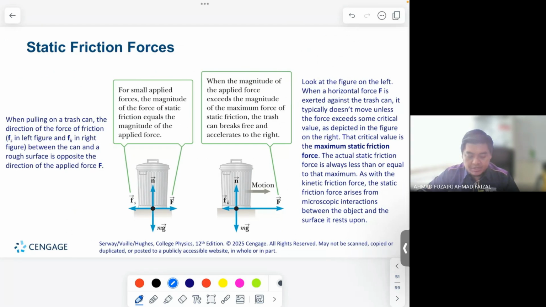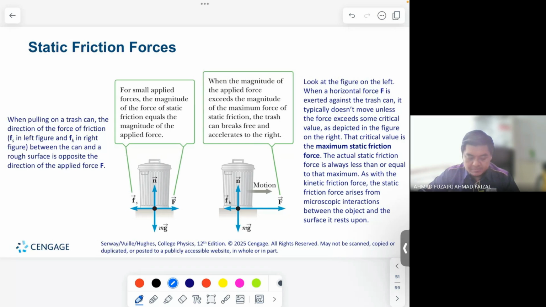Okay, so this one is in terms of static friction. The difference between static and kinetic friction is that static friction is normally the first friction involved in motion.